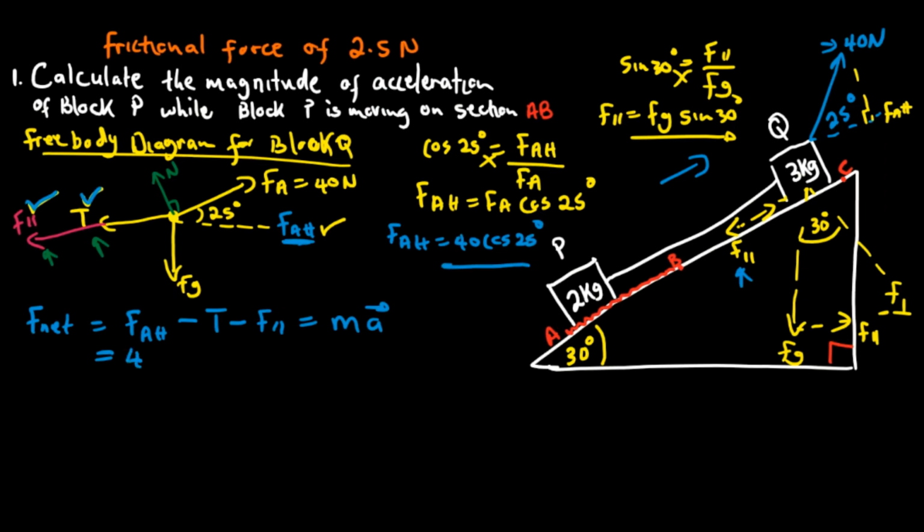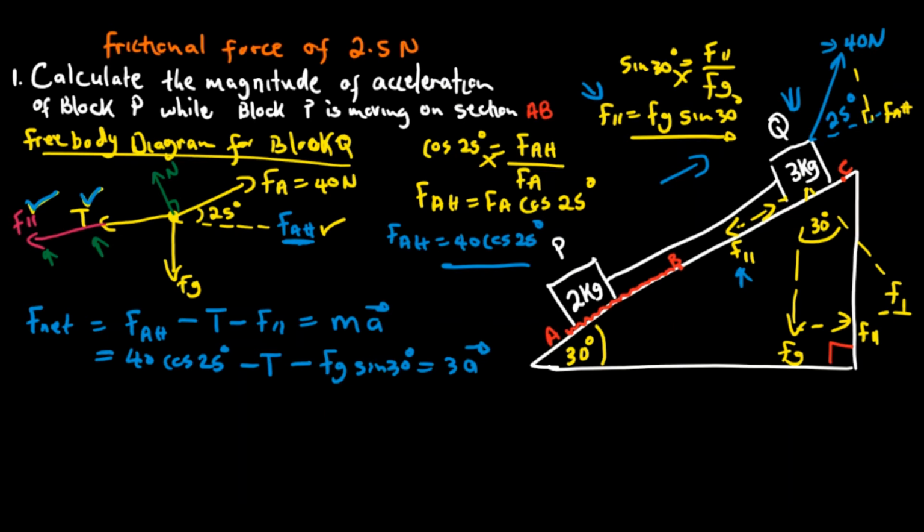So it's going to be 40 cos 25 degrees minus the tension minus the force parallel. Where is the force parallel? It's this one here. We found it. So it's F of G sine of 30 degrees is equal to the mass. The mass of block Q, we know very well that is 3. So it's going to be 3 kilograms multiplied by acceleration.